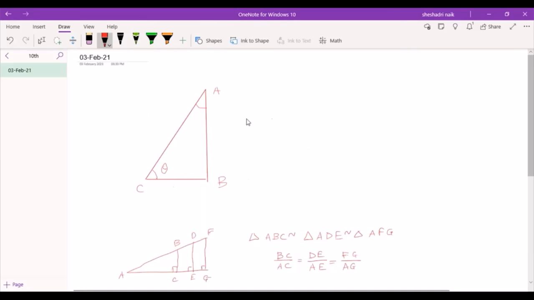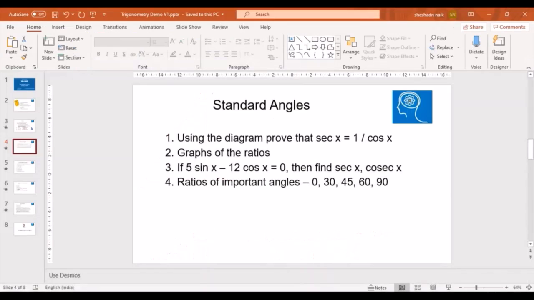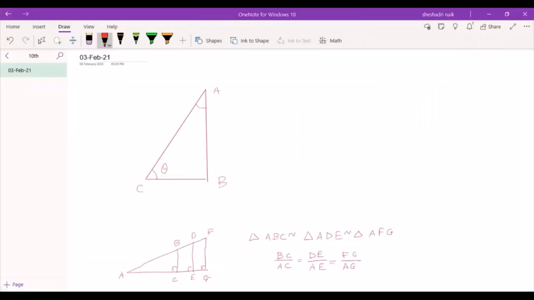So in this particular diagram, theta is drawn here. So angle ABC, angle C is theta. So can you prove that sec x is equal to 1 upon cos x? Can you do that? Please do it in your notebook.